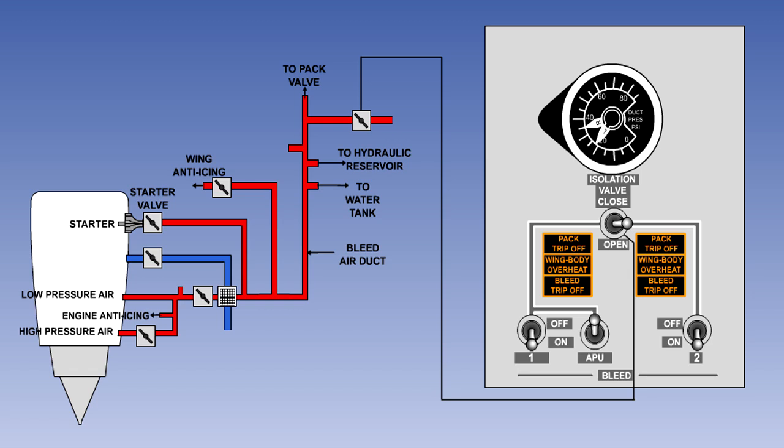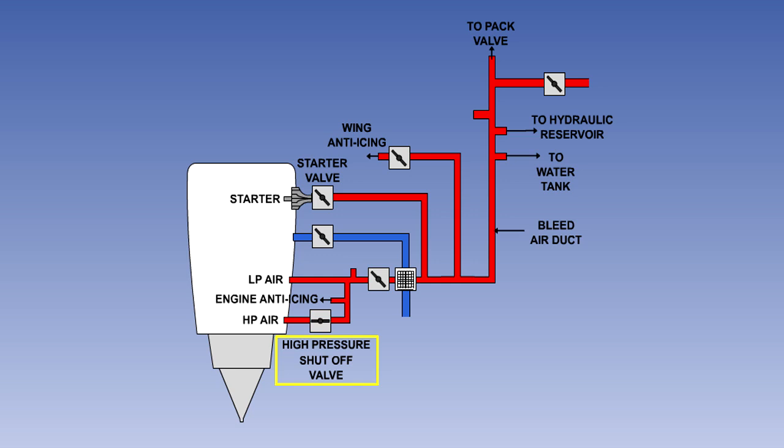Here we show a typical bleed air system. Low pressure, LP air, is taken from an early compressor stage, and high pressure, HP air, is taken from a later stage. The high-pressure source is controlled by the high-pressure shutoff valve, HPSOV.